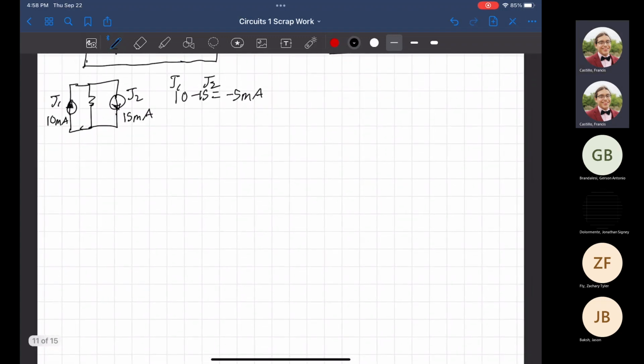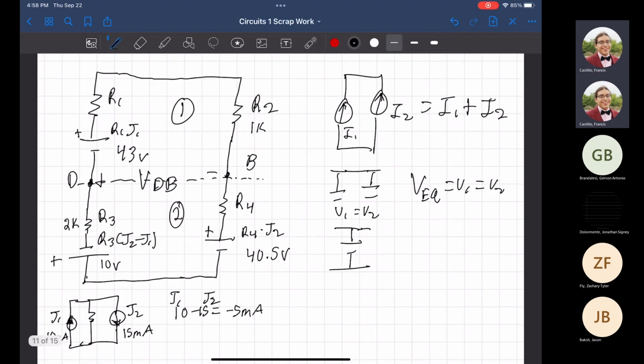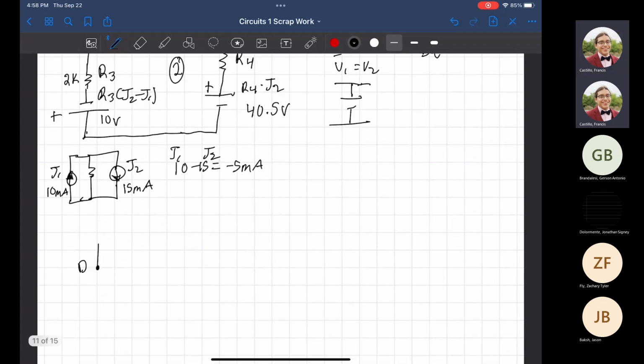So going down, we're going to start with the top half. The top half I'm referring to is going to be specifically R1 and R2. They're in series. We're going to do the combination of that, where R1 is 4.3k right here.